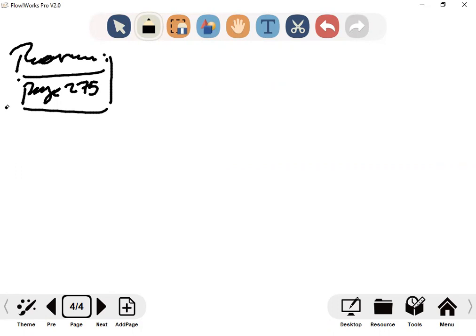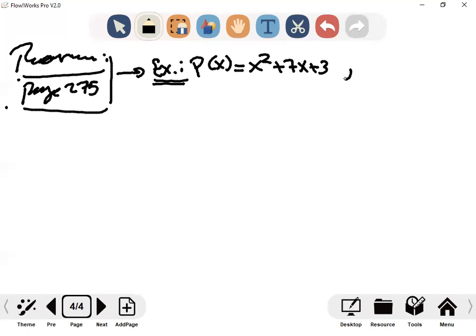For example, if I have this polynomial P of X equals x power 2 plus 7x plus 3, and I will divide this polynomial on x minus 5. So let's divide.